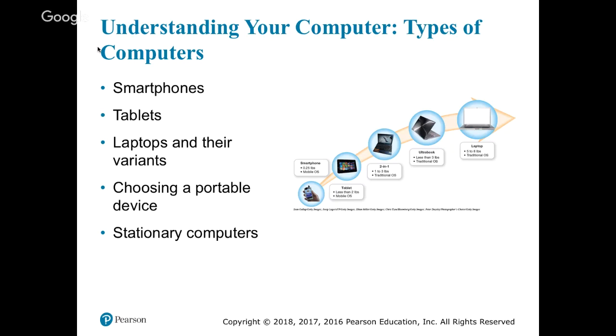So while you're on the tarmac, while you're waiting to take off, while you're taking off, while you're at 30,000 feet in the air, you can use it the whole time that you're traveling to get more work done. So a lot of businesses will buy tablet type of devices. And so choosing a portable device, for the most part, is what people do today. They'll choose a mobile type of device.